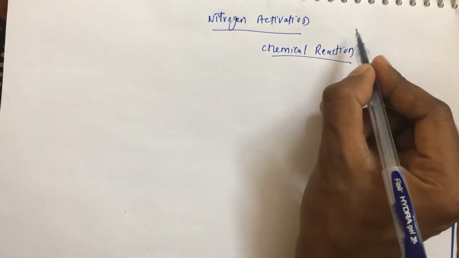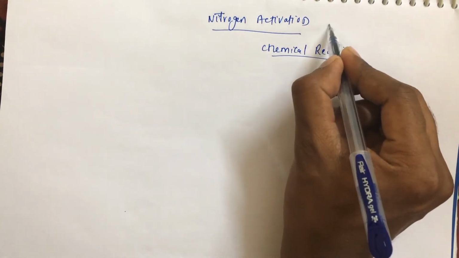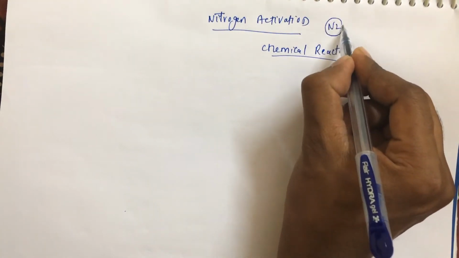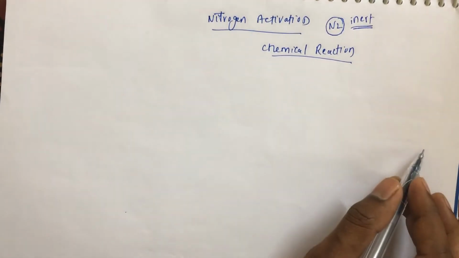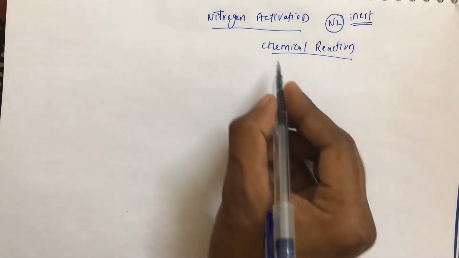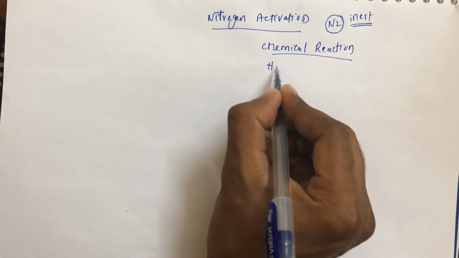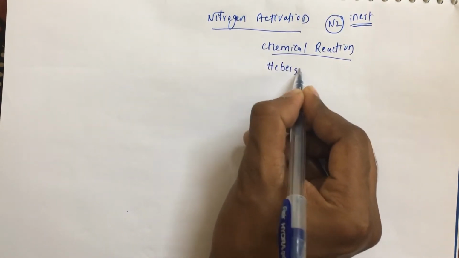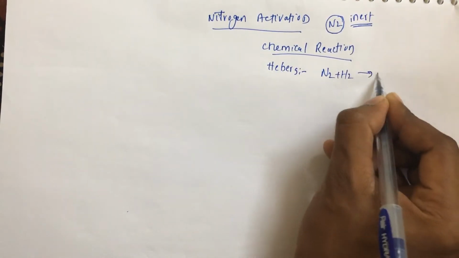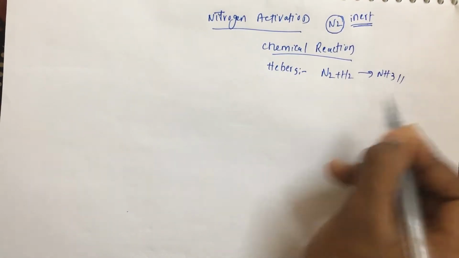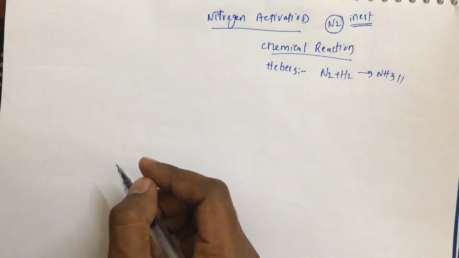For that chemical reaction, you use a nitrogen atmosphere. So we call the N2 atmosphere inert. Why is this N2 atmosphere inert? We also talk about the Haber's process. What is the Haber's process? Here we have N2 plus H2 gives rise to NH3. So this is the Haber's process.